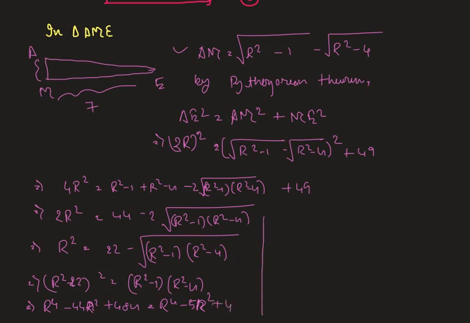So after solving this, we get 39 r square equals 480, and therefore the value of r square is 480 divided by 39, which results in 160 divided by 13.